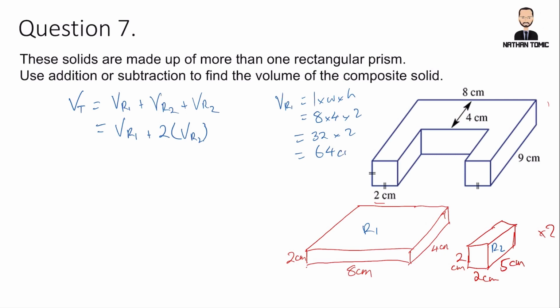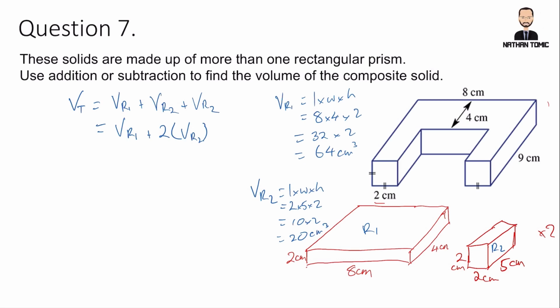Remembering this is centimeters cubed. The volume of R2, so the little leg, again, is equal to length times width times height, which is equal to 2 times 5 times 2, which is equal to 10 times 2, which is equal to 20 centimeters cubed.